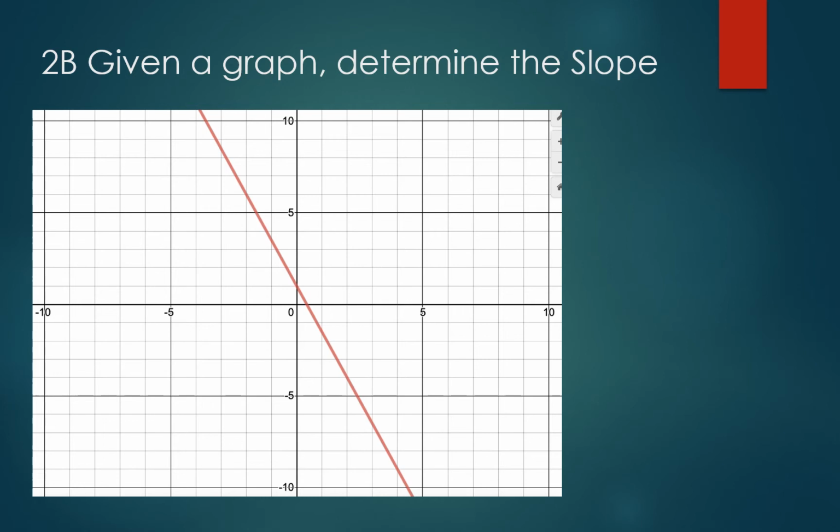So, the way I would have found the slope, I will go ahead and find 2 points. I'll use my y-intercept there. See another point right here, and I see another point right here. So these points are -2, 6, 0, 1, and 2, -4.